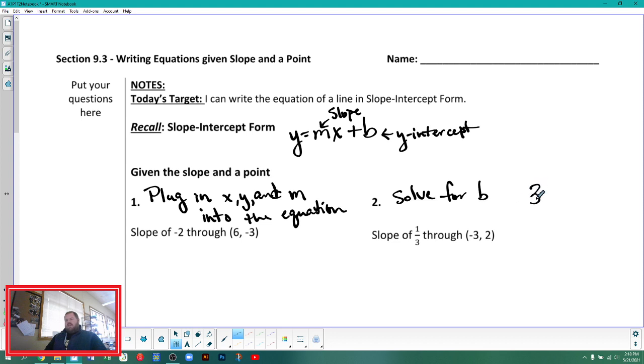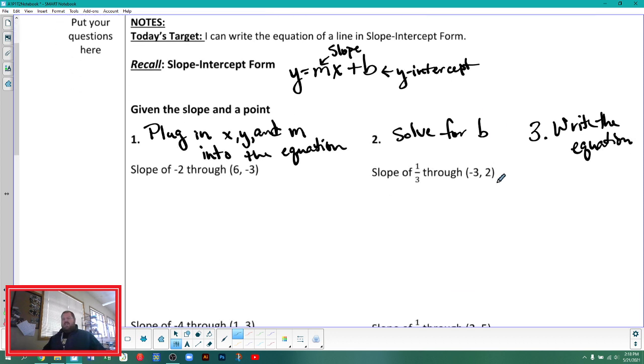And I'm really going to say that there's a third step, and that is to write the equation. Write your final answer. So this will be a little harder than the previous 2 days, but we're going to get a good foundation for how to do this, and then kind of culminate it with tomorrow when I can already see what's coming tomorrow.